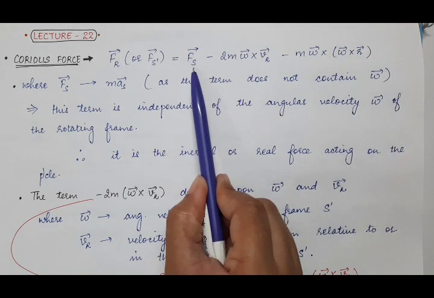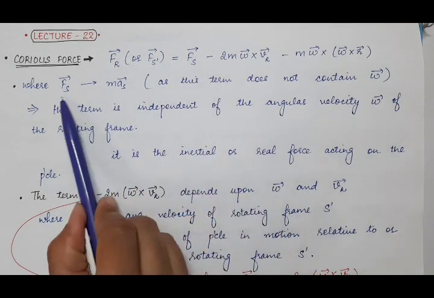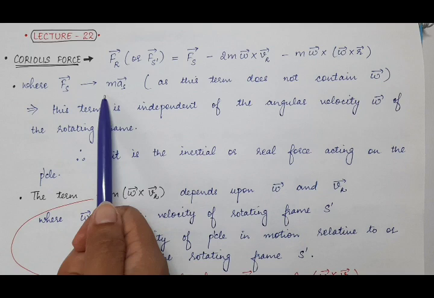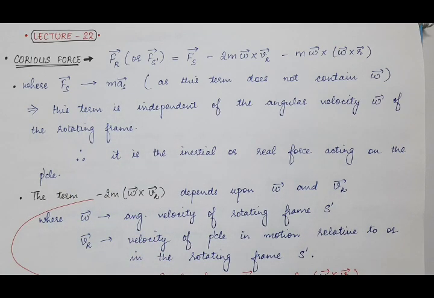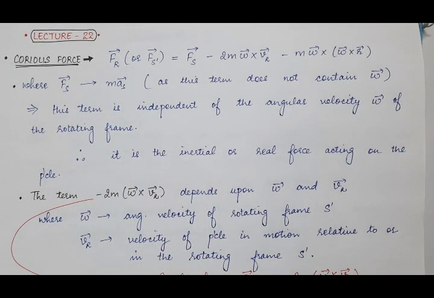As this first term doesn't contain omega, it is independent of the angular velocity of the rotation of the rotating frame. It doesn't depend upon the rotation of the rotating frame.